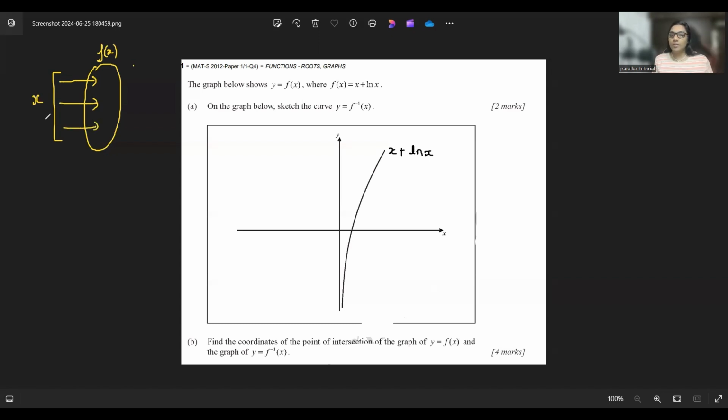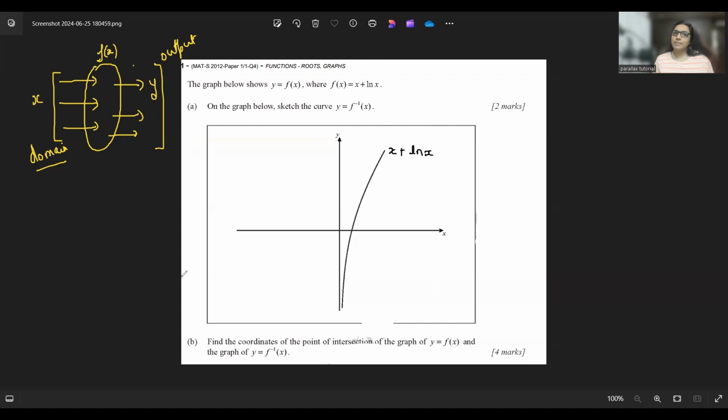All the input values which f of x can take constitute the domain of the function. And you get the corresponding output values or y values, right? So this is how a function is defined. So there's a function which is, for example, x plus ln x. You input a value of x into it. And if it's in the domain of the function, then you'll get a corresponding output.